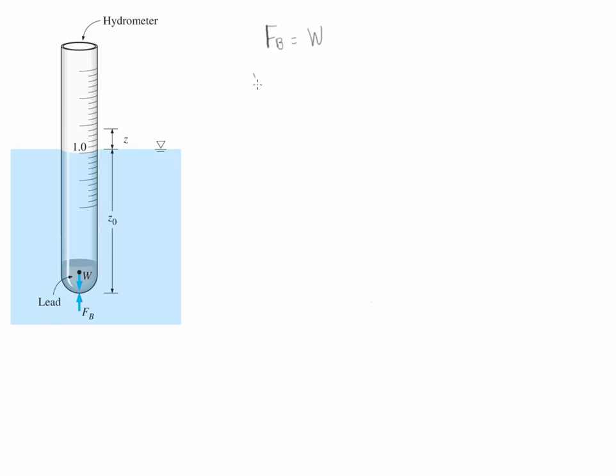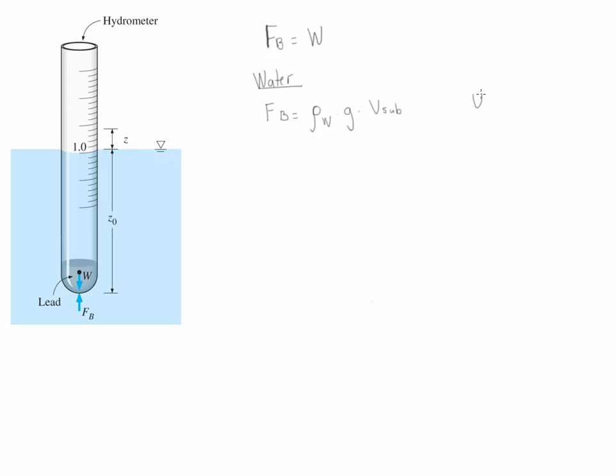If we do this analysis for pure water, in which the elevation is going to be Z0, then the buoyancy force is going to be the density of water, g, and the volume that is submerged.